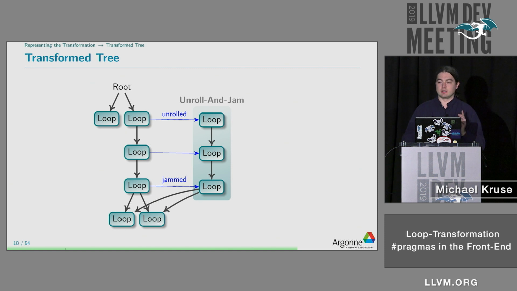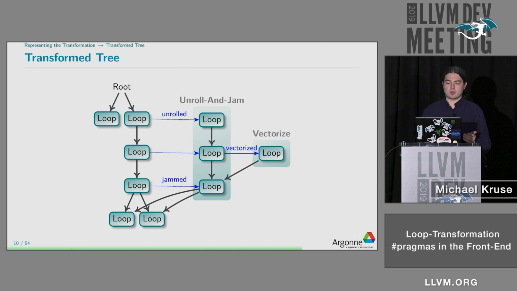This can be one part of the loop structure tree, but at the bottom, we can actually point back to the original nodes because they do not change. If you have transformations on these inner body loops, they do not affect the result, so we don't need to copy them. Once we have this transformation, we can apply the next one after unroll and jam.